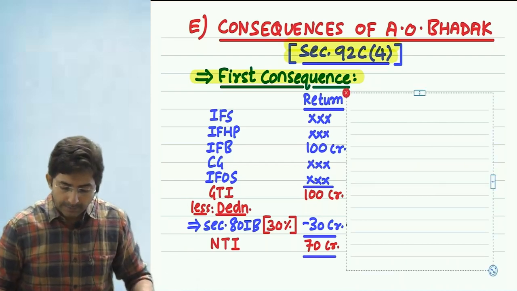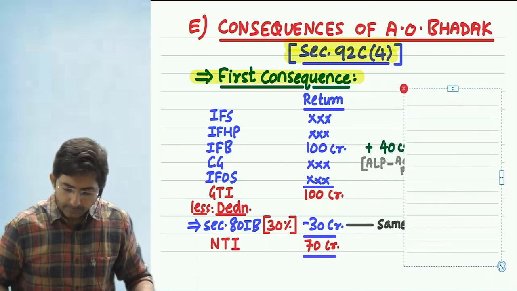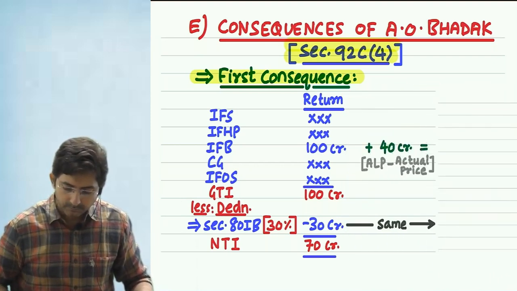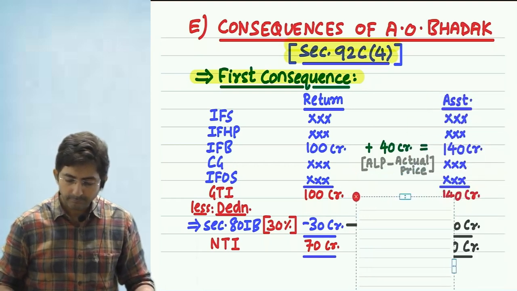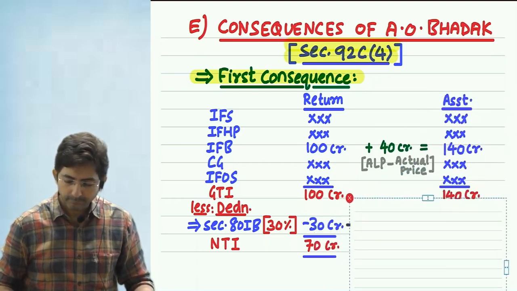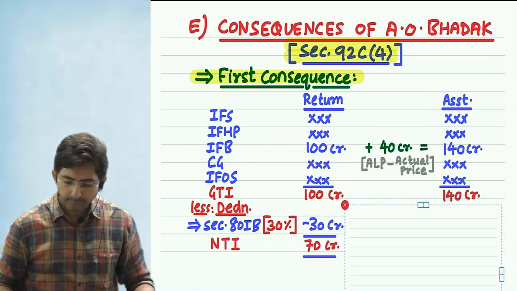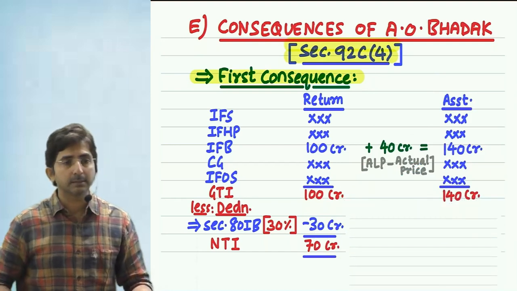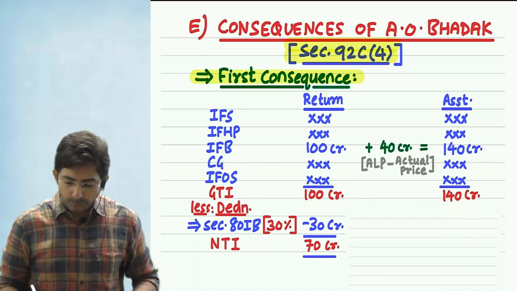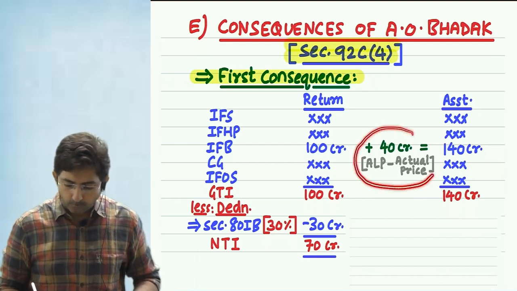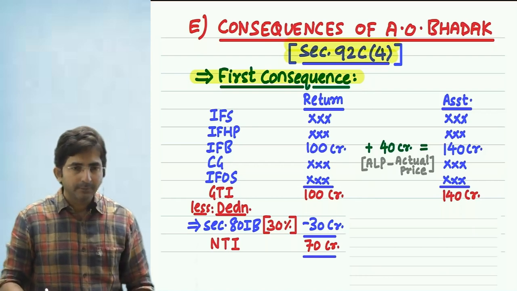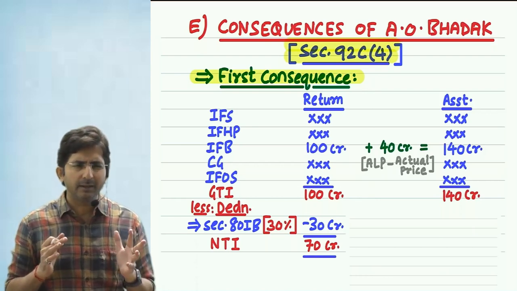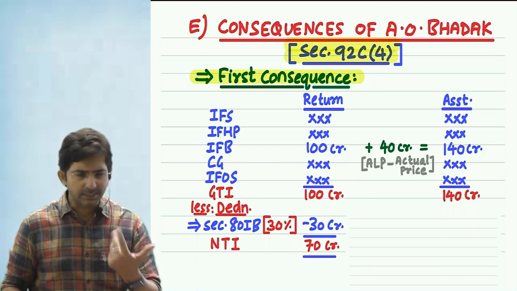So now let's assume the difference added by the AO is, wait, look at this. I am assuming the difference is 40 crores. How did I get 40 crores? These are my figures only. Assumption, just an example.